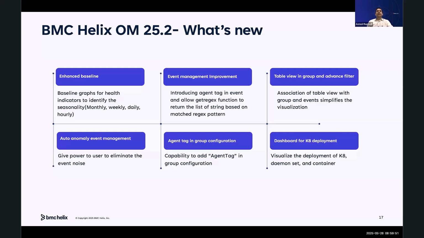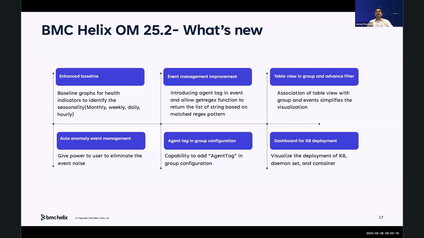Number one thing that we enhanced is around the auto anomaly feature, where, working with customers, we realized that there are some use cases which were still not part of the existing functionality. So we enhanced the baseline so that it can cover monthly, weekly, daily, and hourly baselines.